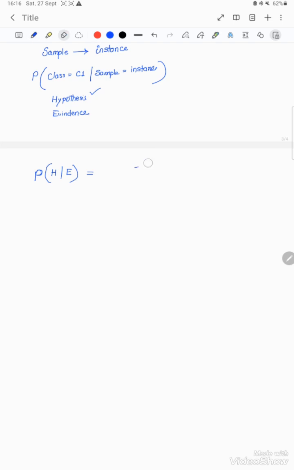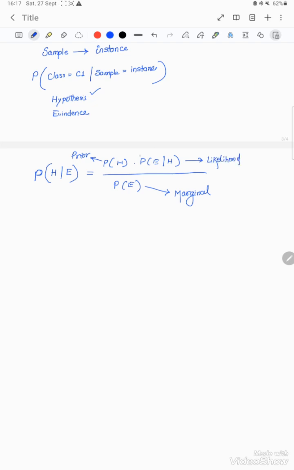Let's write it this way: the probability of hypothesis multiplied by the probability of evidence given the hypothesis, divided by the total probability of evidences. This denominator is called the marginal, this is called your prior, and this is called the likelihood.